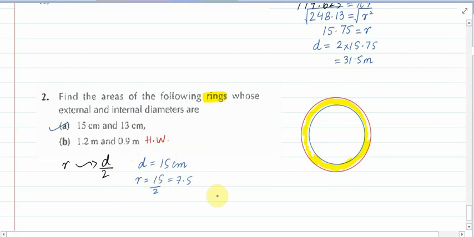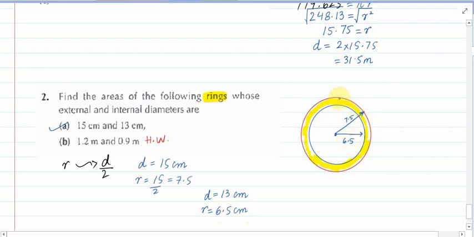And if the diameter is 13 centimeter, that means the radius is 6.5 centimeter. I am going to place the radius in my figure. So the larger radius is 7.5 and the smaller radius is 6.5, right?